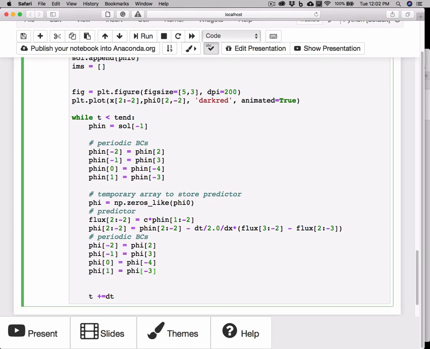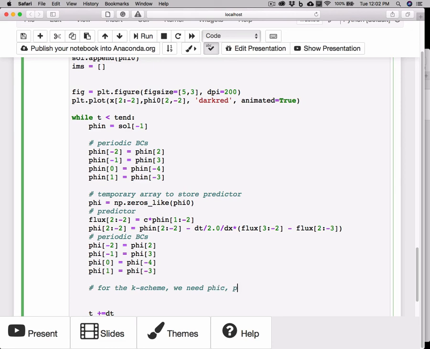Okay. So now we get to the actual implementation of the K scheme. For the K scheme, we need phi upwind, phi far upwind, and phi downwind. Phi upwind is only a subset of phi. So remember, we're going over each face.